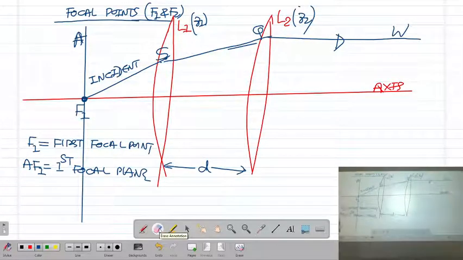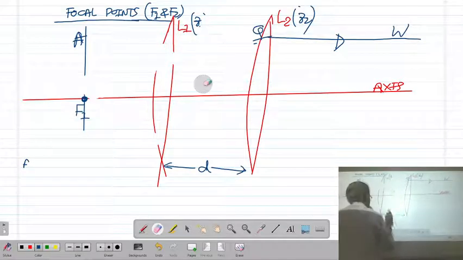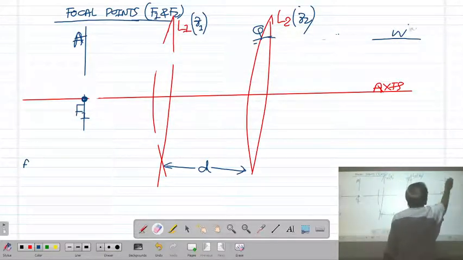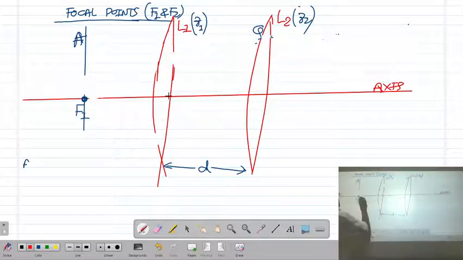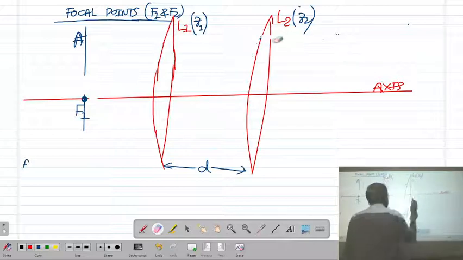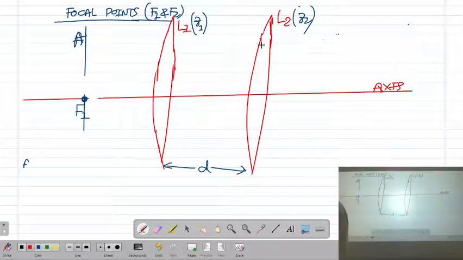Now, what is the second focal point F2? Let us discuss it.